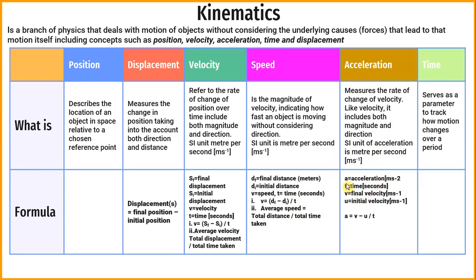For the formula, A refers to acceleration, in meters per second squared. T refers to time, in seconds. V refers to final velocity, in meters per second. And U refers to initial velocity, in meters per second.